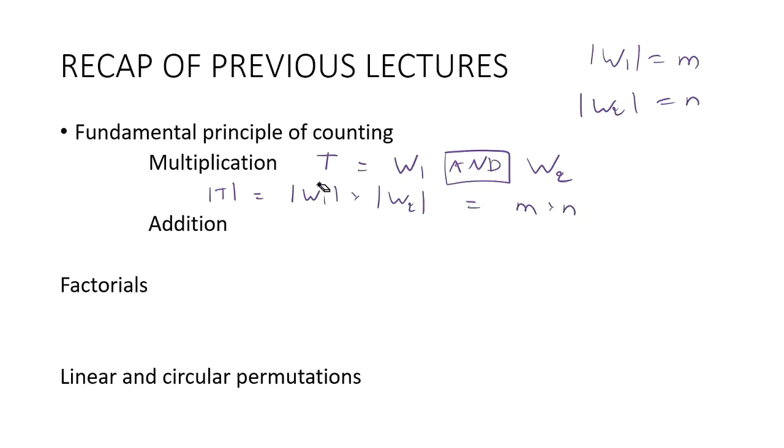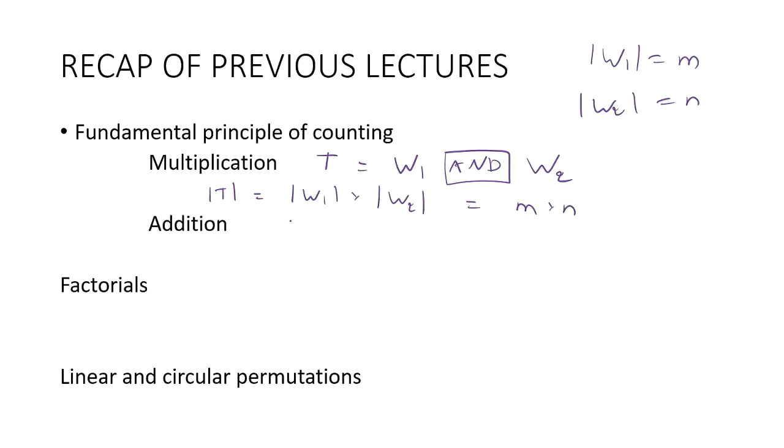So here the task is divided into two works, W1 and W2. W1 can be performed in M ways, W2 can be performed in N ways. Therefore, the number of ways of completing the task is equal to the number of ways of completing W1 times the number of ways of completing W2, which is equal to M times N. And then we have addition.